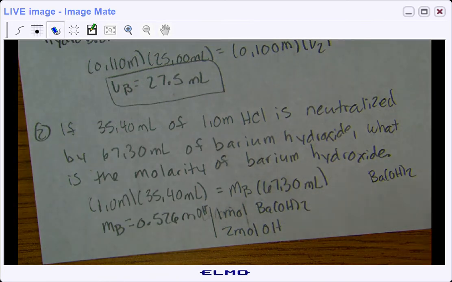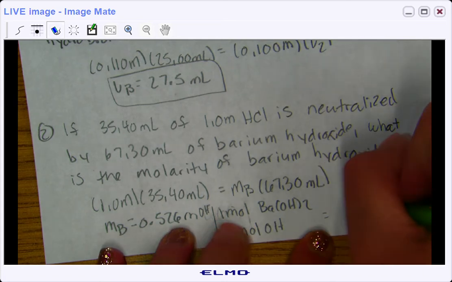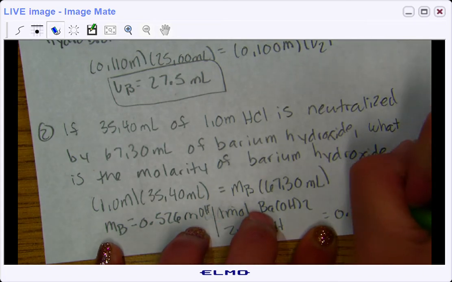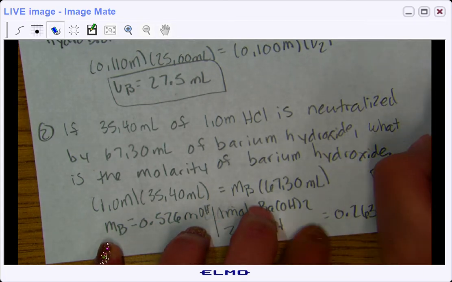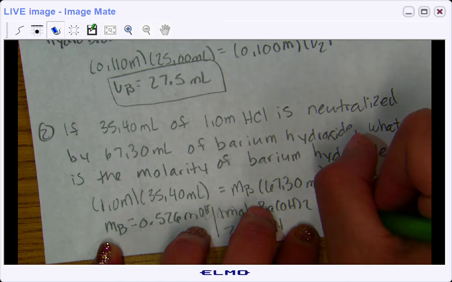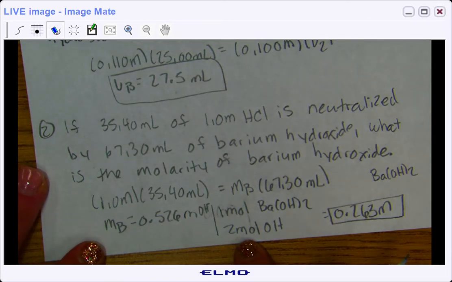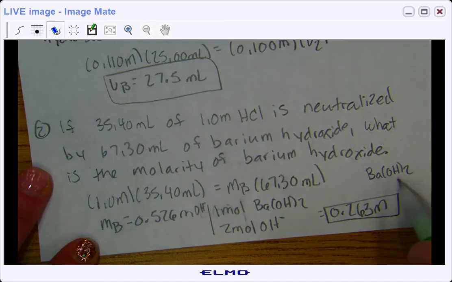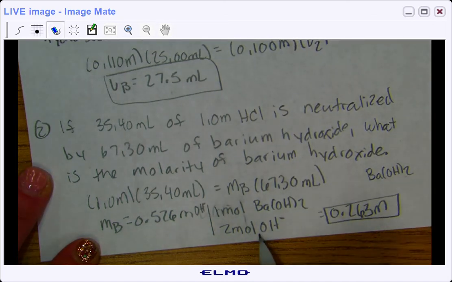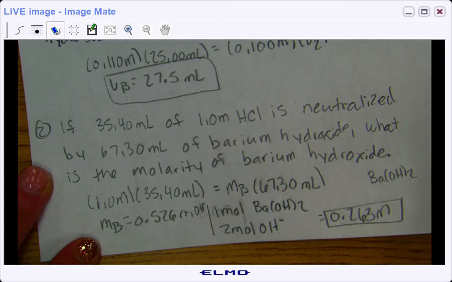So when I plug that into my calculator, I get 0.263, sticking with the rule of 3, molar. So if it is not a 1-to-1 ratio, you have to then go and do your stoichiometric relationship. There are 2 moles of hydroxide for 1 mole of the entire compound.